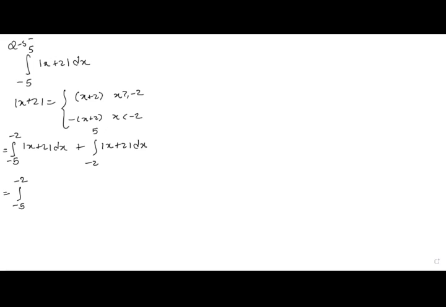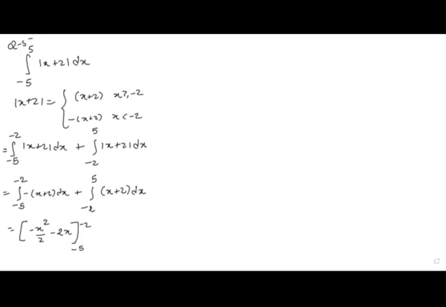I can write this mod as minus of x plus 2 dx, whereas from minus 2 to 5 this range is greater than minus 2. I can write this as x plus 2 dx. Now giving individual integration, I will have minus x raised to 1 plus 1 upon 1 plus 1 and this would be minus 2x, from minus 5 to minus 2.